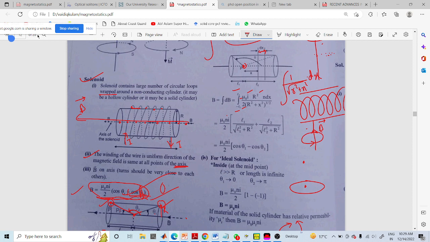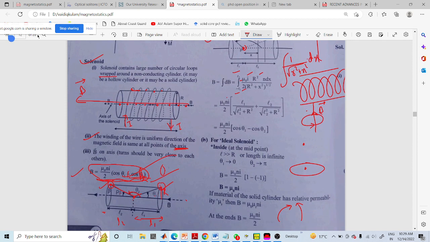Tell me, guys. The integration of this kind of form.